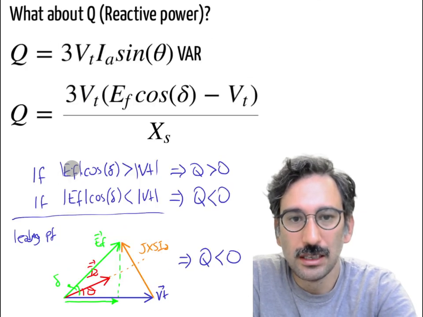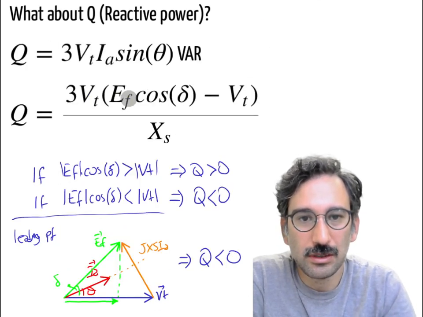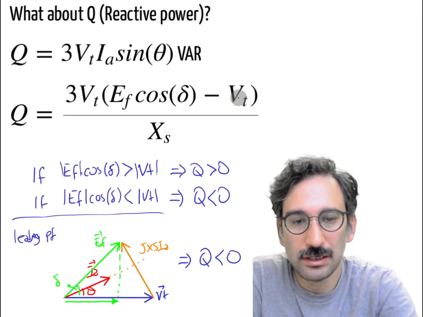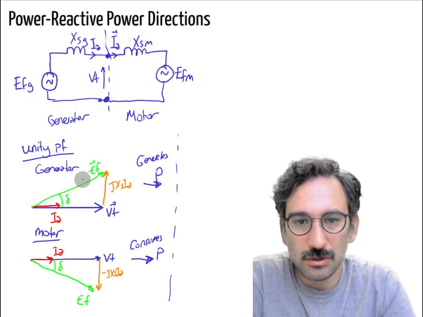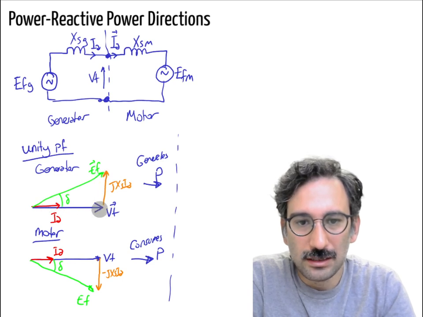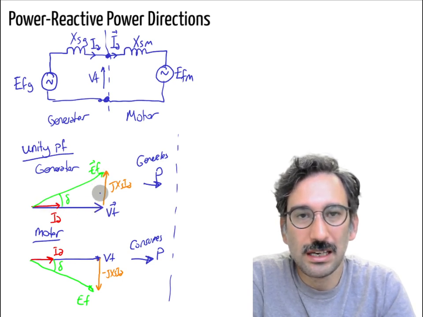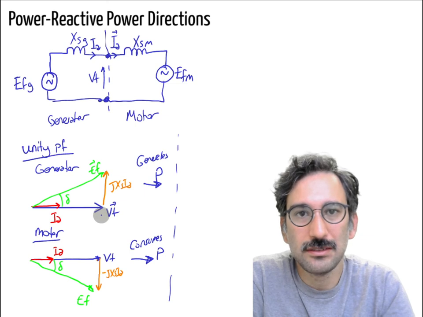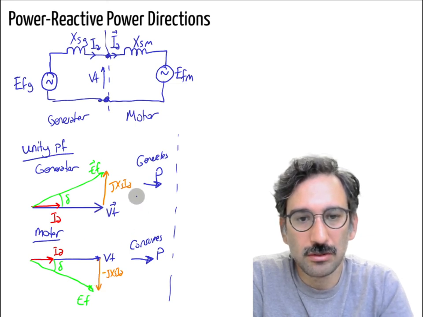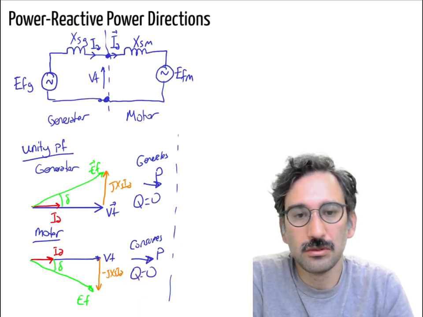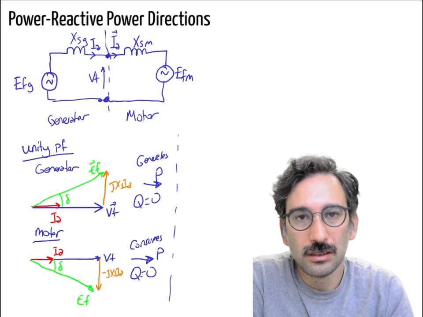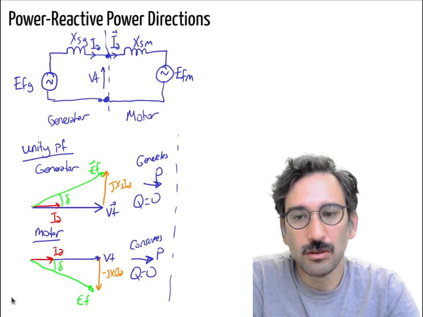You can see it from here. Let's look at EF cos delta minus VT. EF cos delta here is equal to VT, so EF cos delta minus VT is 0. That means Q is 0, obviously, for the unity power factor condition.